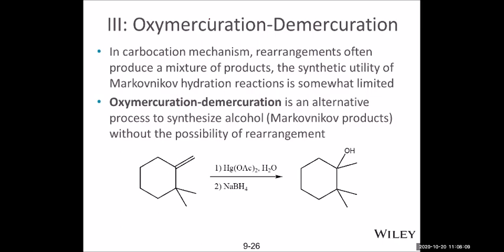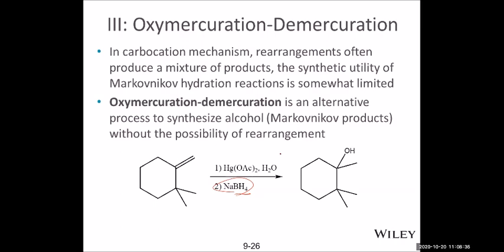The reaction condition is we add mercury(II) acetate with water. In the next step, we use sodium borohydride as a reducing agent to remove the mercury in this reaction.